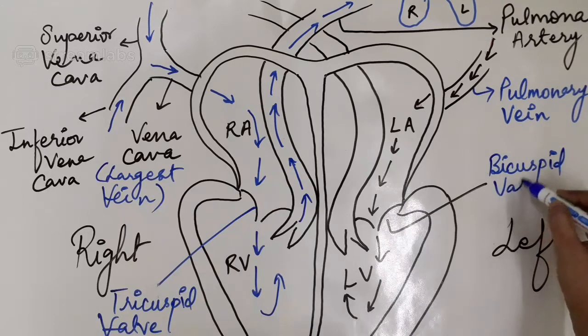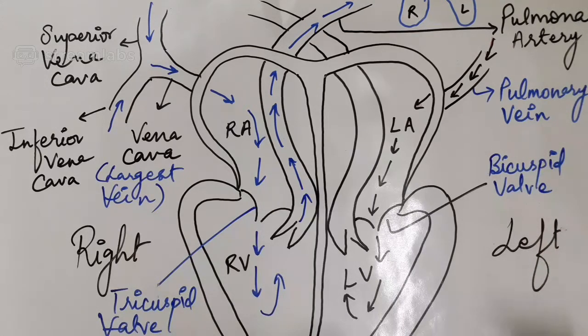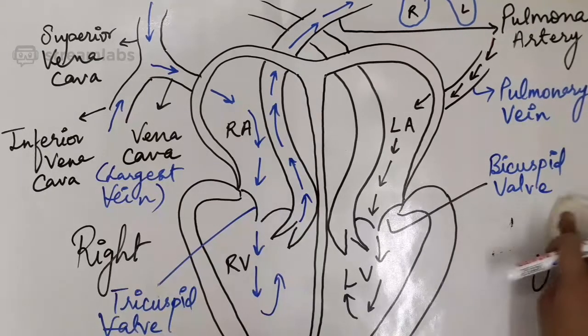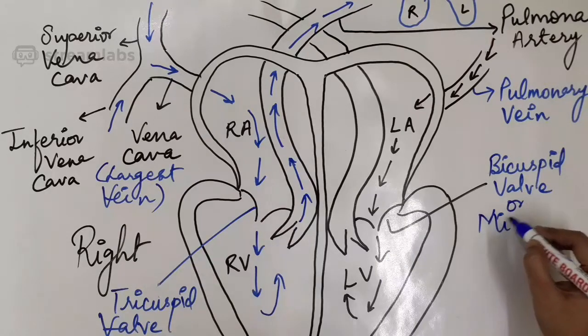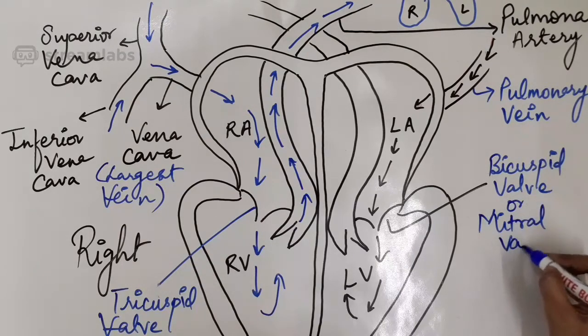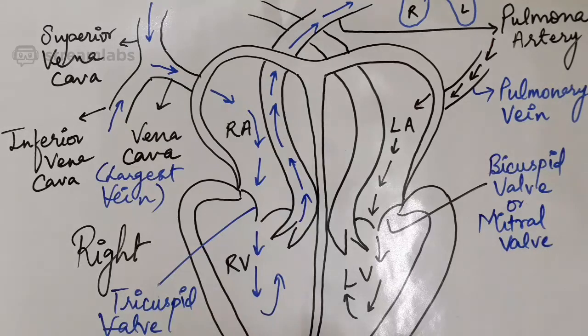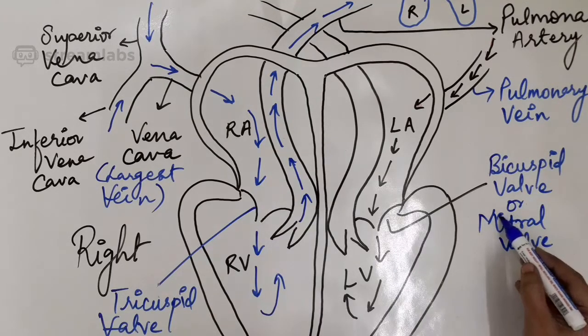The bicuspid valve is also called the mitral valve.